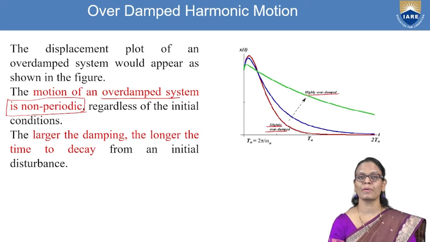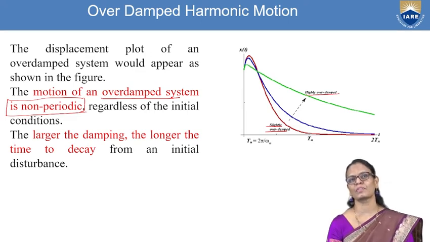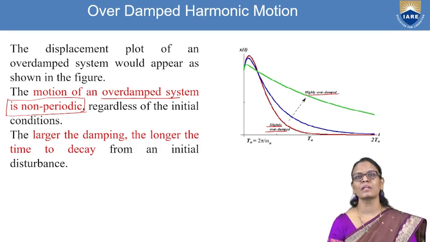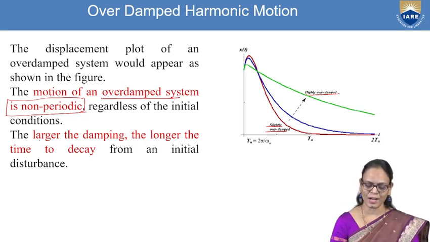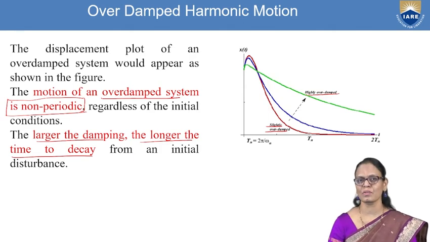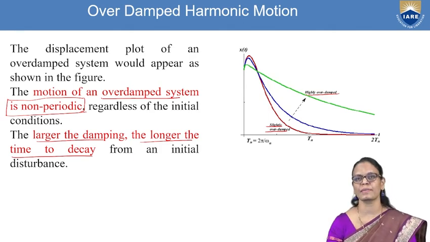It is non-periodic, meaning it may not repeat after regular intervals of time, regardless of the initial conditions. Larger the damping, longer the time to decay. If the damping is more, then the time for the oscillations to decay from the initial disturbance is also more.